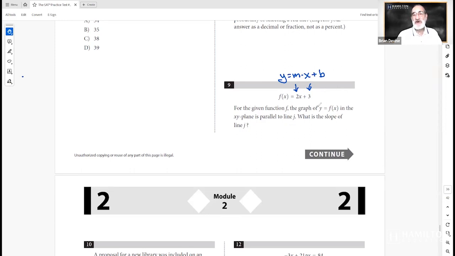So for the given function, y equals f of x, what's the slope of line j if line j is parallel? Well, it would have the same slope because parallel lines have the same slope. They never intersect. And so 2 is the correct answer.